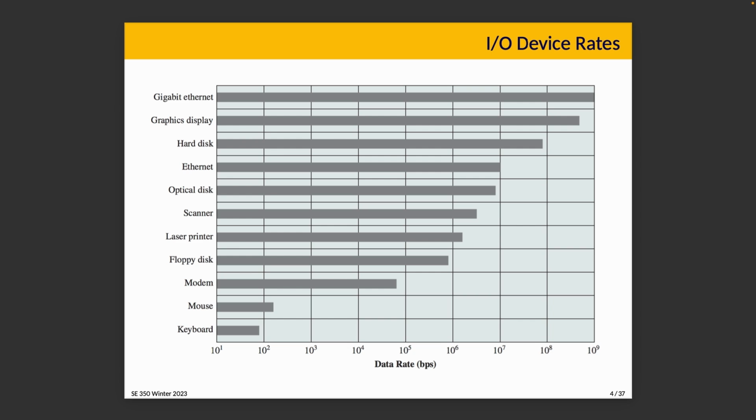But then down at the bottom we have mouse and keyboard, and even if you're really good at typing and you type really fast, the amount of data that you can enter with the keyboard is pretty small, all considered, right? There's no magic that would make typing just as fast as gigabit Ethernet. The physical keyboard just couldn't do it.